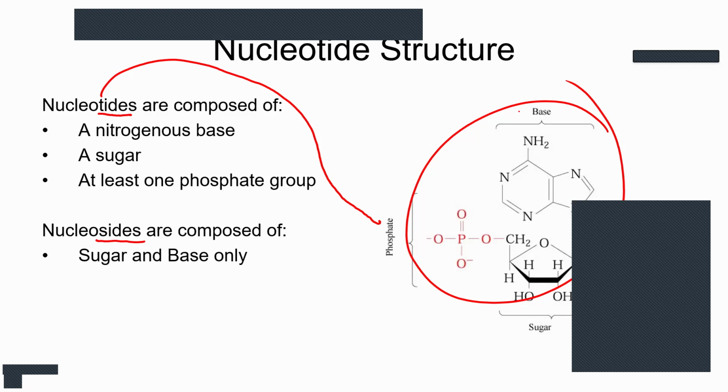Nitrogenous base, a sugar, a phosphate, a carboxylate. Well, that would be a question about all the different functional groups. But then I could also ask just the general question, what is the best definition for this molecule that's shown here? A nucleoside, a nucleotide, an amino acid. Those are good things to be able to answer regarding this.